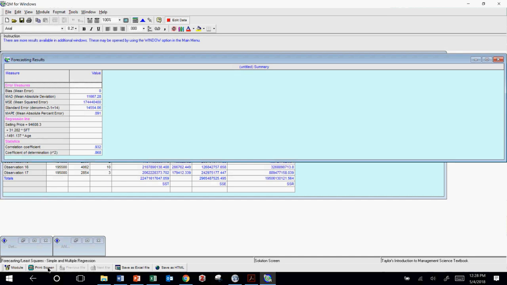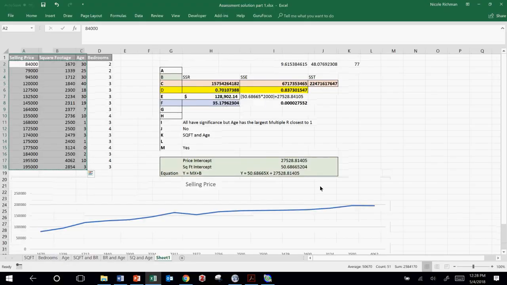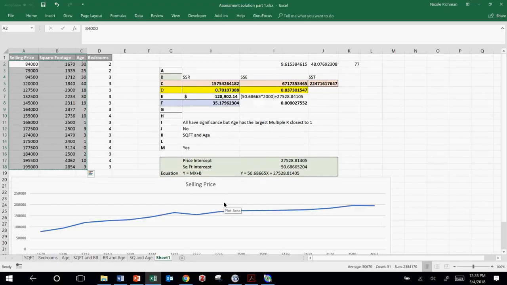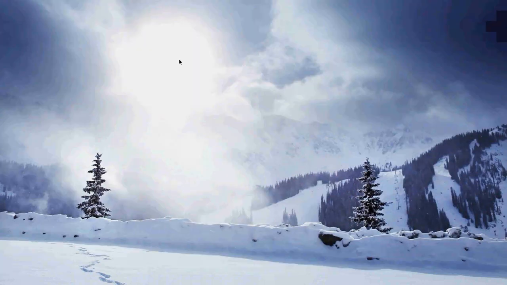You can do a print screen and put each one of these summaries in a Word document and then summarize. Again, it's really important. If you do it in Excel, you can do a summary page like this. If you do it in POM QM, you can do individual print screens with your summary data, but it's still important to have the summary page where your questions are going A through M and you're answering them in a summary so that it's easy to follow and understand.